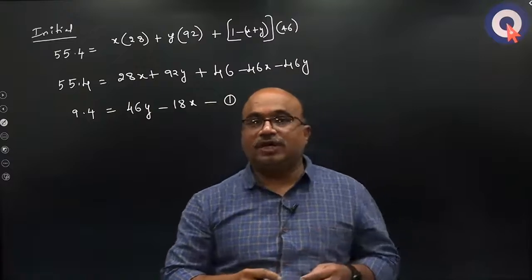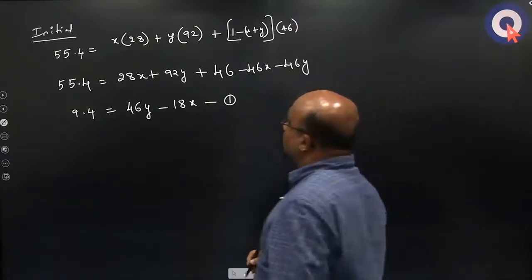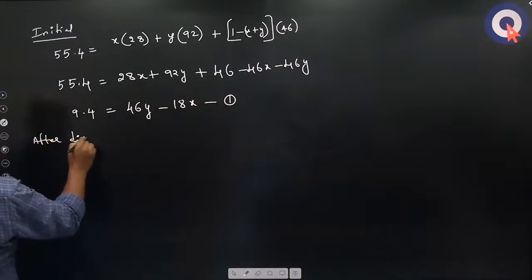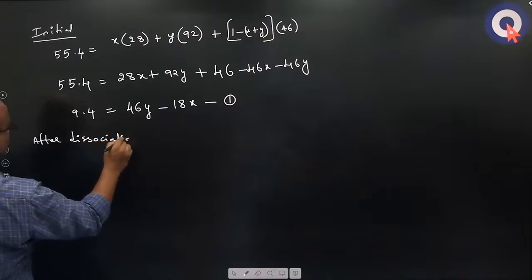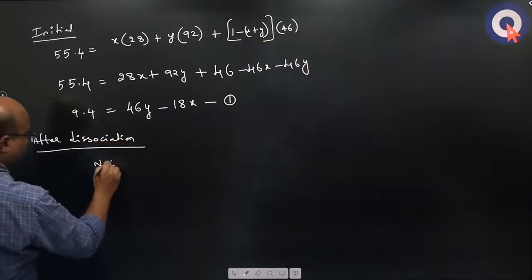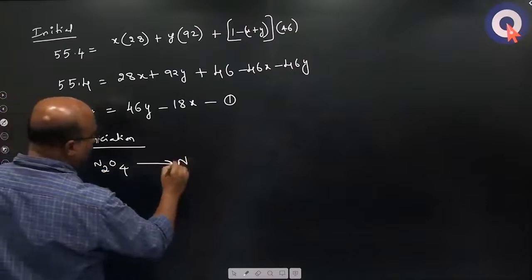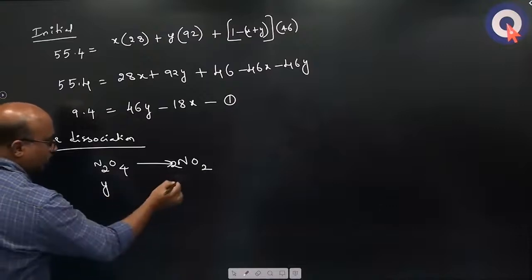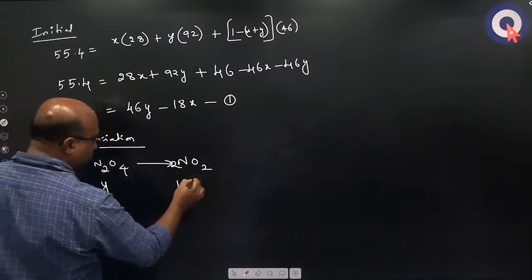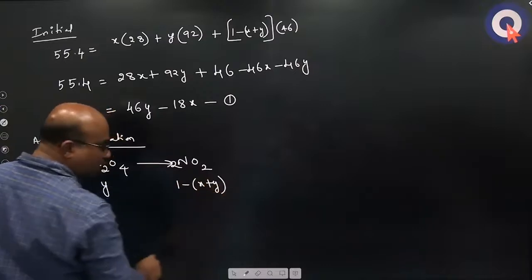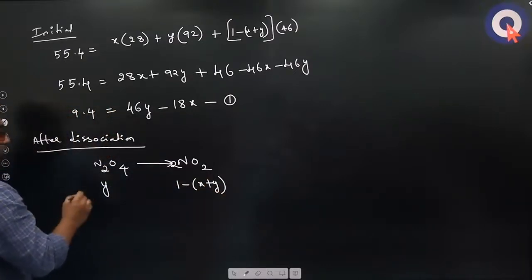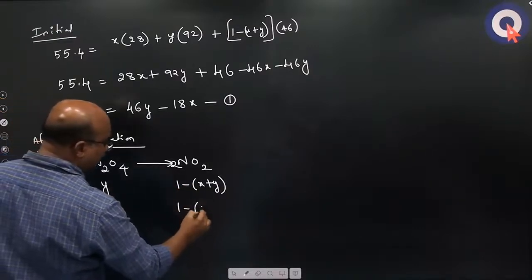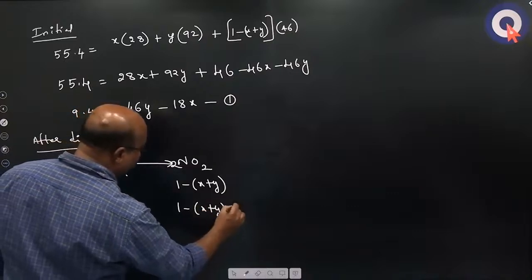Now let us take after dissociation, that is when N2O4 is completely converted into 2NO2. We have y moles of it. Initially the NO2 moles are already 1 minus x minus y, but after dissociation the N2O4 will become 0 and the NO2 will become 1 minus x minus y plus 2y.